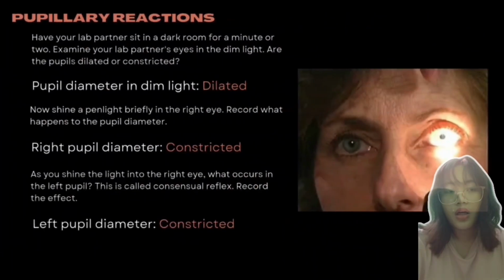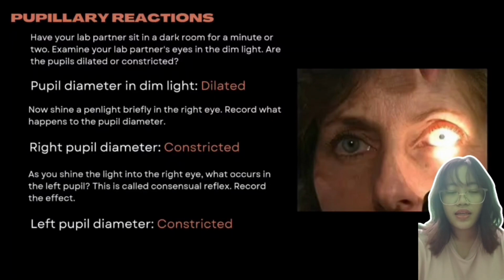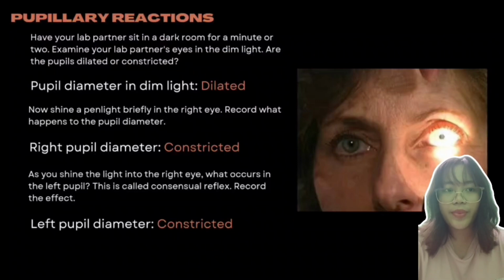For the pupillary reactions, in a dark room, your eyes will naturally dilate to allow more light to enter, maximizing your ability to see in low light conditions. Therefore, in dim light, your pupil diameter will be dilated. When you shine a pen light briefly in the right eye, the right pupil will constrict in response to the sudden increase in light intensity.